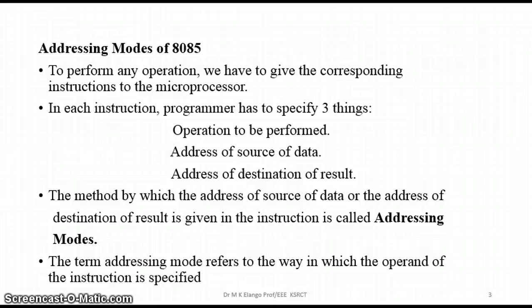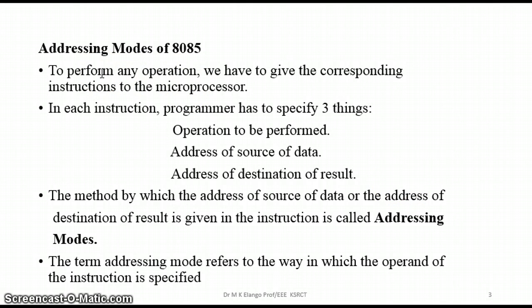And if you count the number of devices connected, there are many. So the microprocessor should specify from where it wants to retrieve the data and from which location it has to get the data. Here, addressing mode is nothing but the way in which the microprocessor accesses the data for its operation.